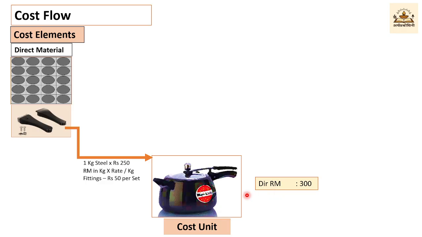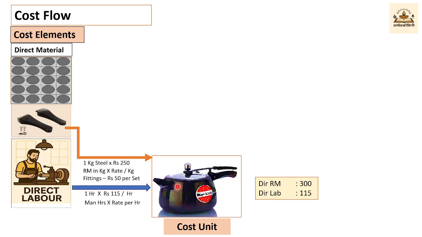So direct material cost of this product is 300 rupees. You can easily measure how much direct material cost is in this product because 1 kg of stainless steel is required and a set of fittings is required. Not more than that. Neither do you need less material, nor more material. So you can easily quantify it.